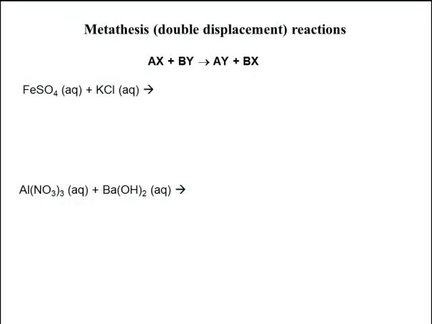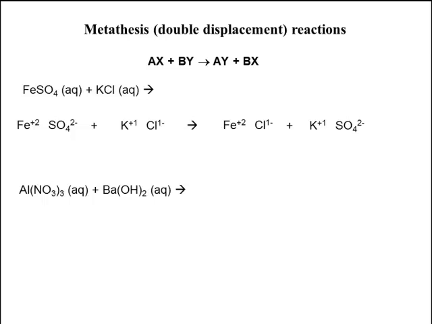All right, so let's look at a few more examples of this. In looking at these reactants combining together, I separate them into their ion forms, then I switch the anions, then I'm going to recombine them and form new formulas from those new ion combinations.